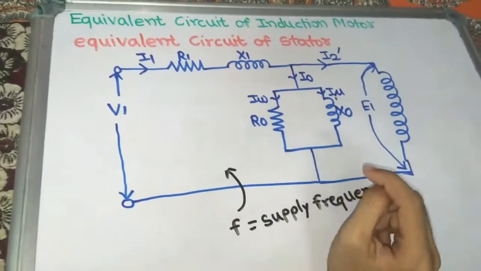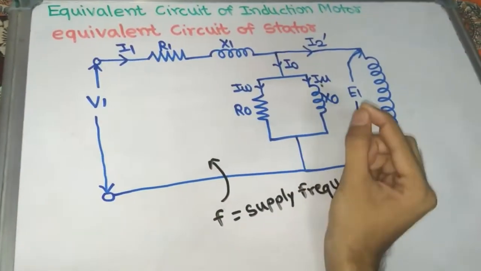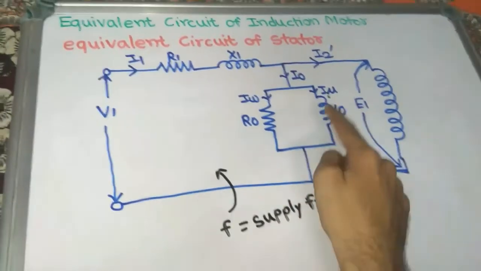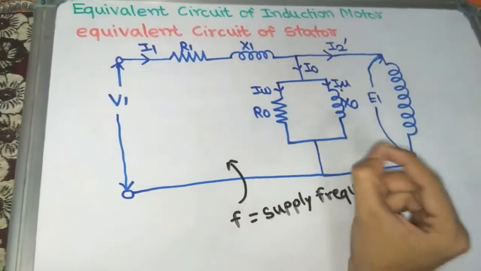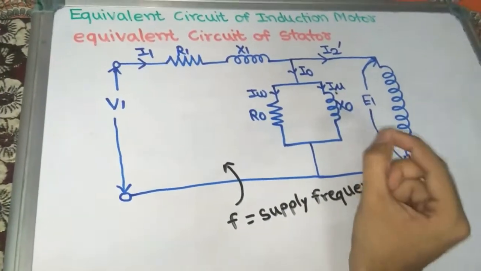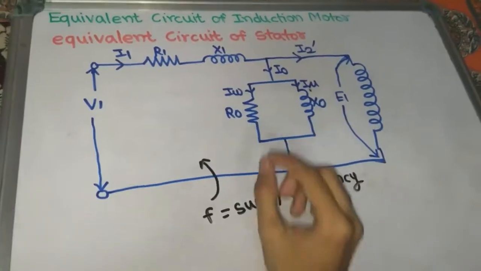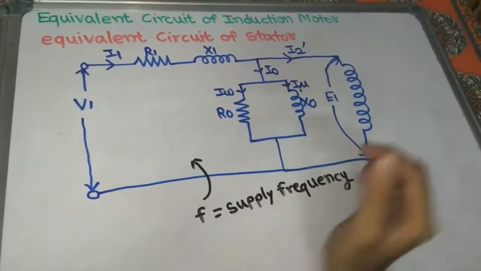And what about X0? X0 is the component used to produce the flux in the air gap between stator and rotor, and the current flowing through it is I mu, the magnetizing component of no load current. Due to this magnetizing component, the flux is produced. All these currents are per phase.